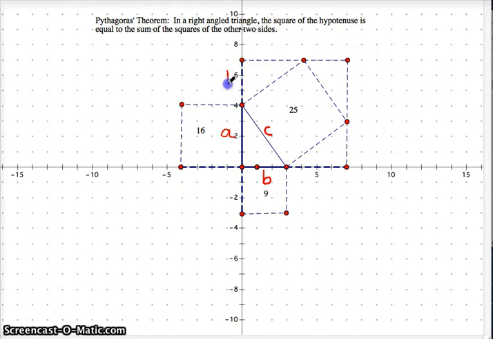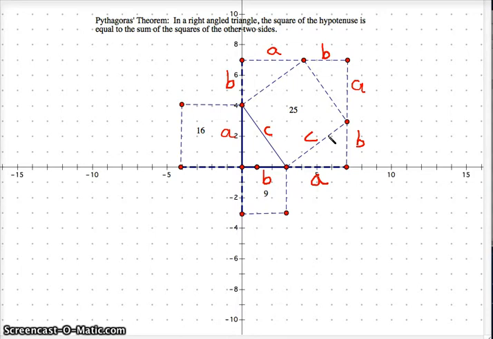This length right here is A. From here to there is A, from there to there is B. Likewise, from here to here is A, and from here to here is B. Remember, that's going to be just a little bit shorter. This is A, this is B, and this is A. And this right here is C.